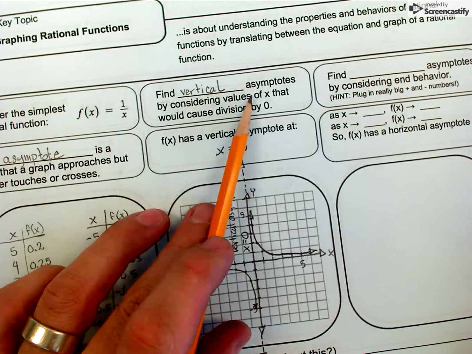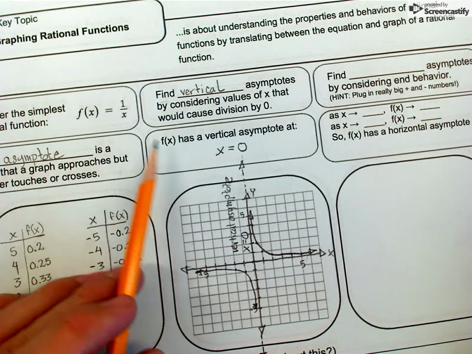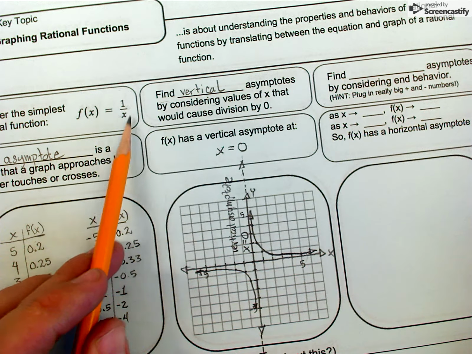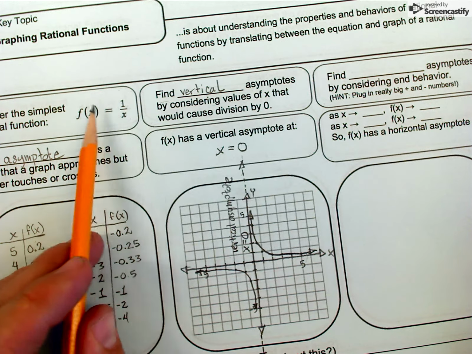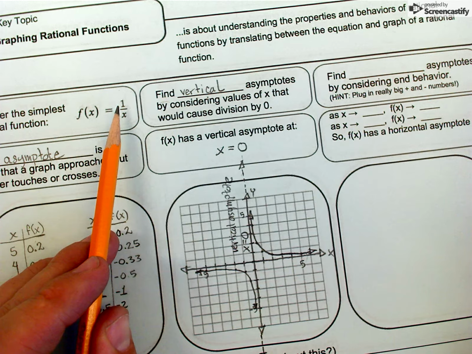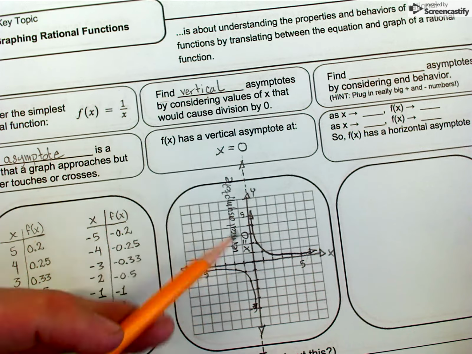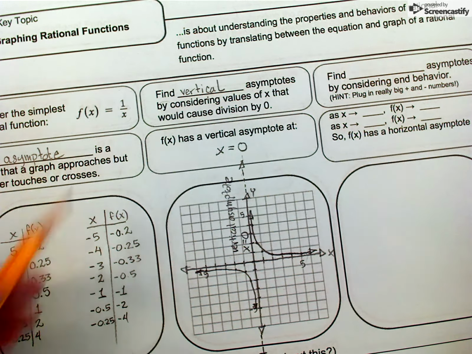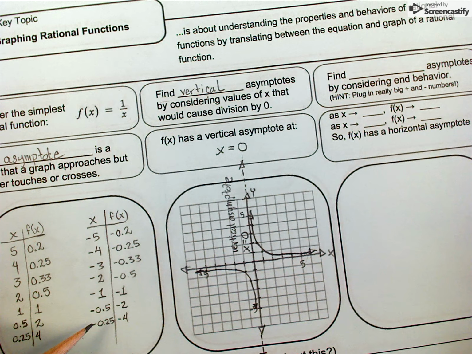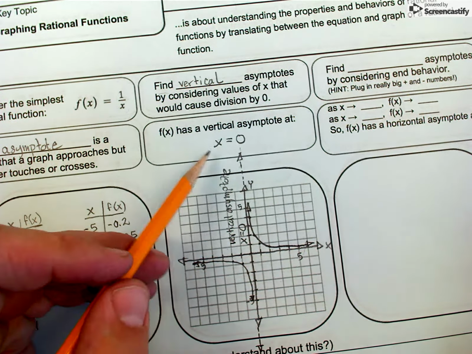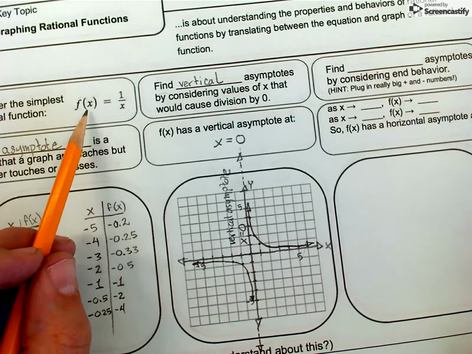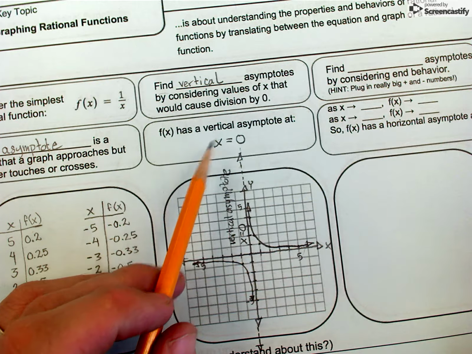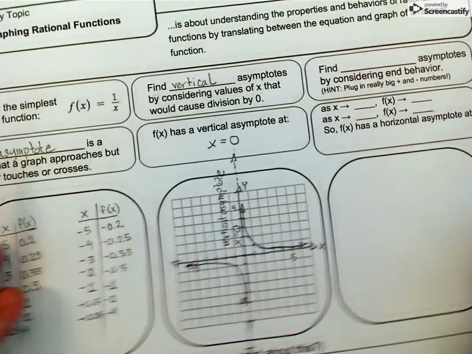We find the vertical asymptotes by considering those values of x that cause division by 0 in our rational function, and thus cause the function to be undefined. We did that when we explored these values here that are really close to that value of 0 that causes this function to be undefined. And so we say that f of x, this function, has a vertical asymptote at x equal to 0.